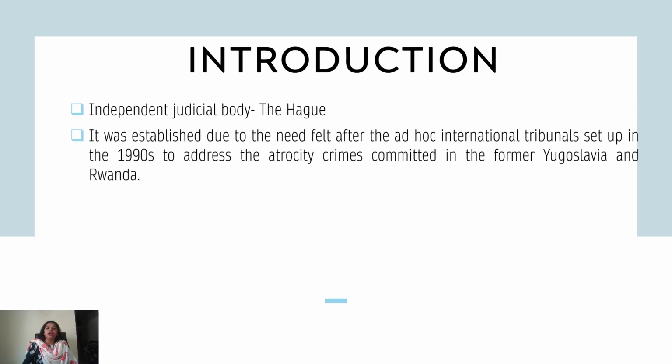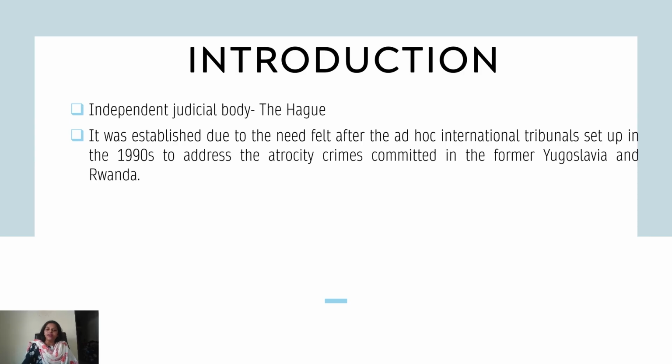The International Criminal Court was established after the need for an international court was felt by the global community, especially after the temporary tribunals that were set up in the 1990s to look at the atrocities and crimes committed in the former Yugoslavia and Rwanda.